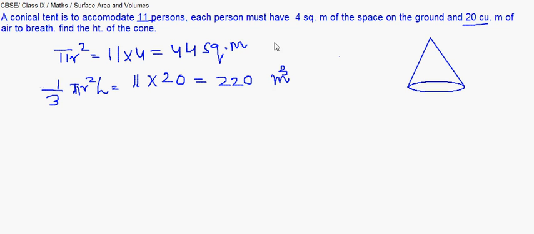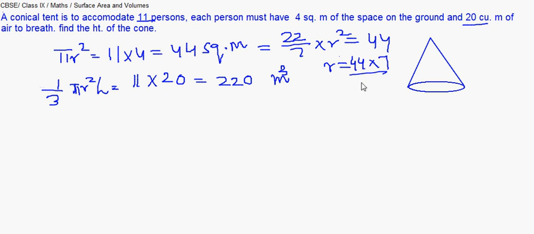Let us find r. 22 by 7 into r square is given as 44. So r square can be calculated as 44 into 7 divided by 22, and r square is given by 14.